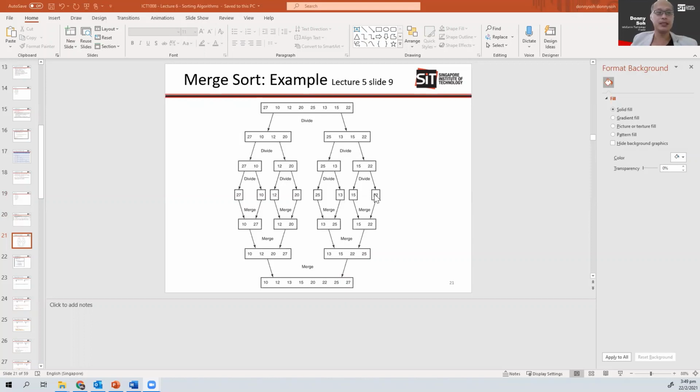It is merely dividing up the list into two parts. The work is all done in the merging part of the algorithm. So in this division, no work is being done, but work is being done only in the merging part of the algorithm. This division is done until we are left with just single elements.